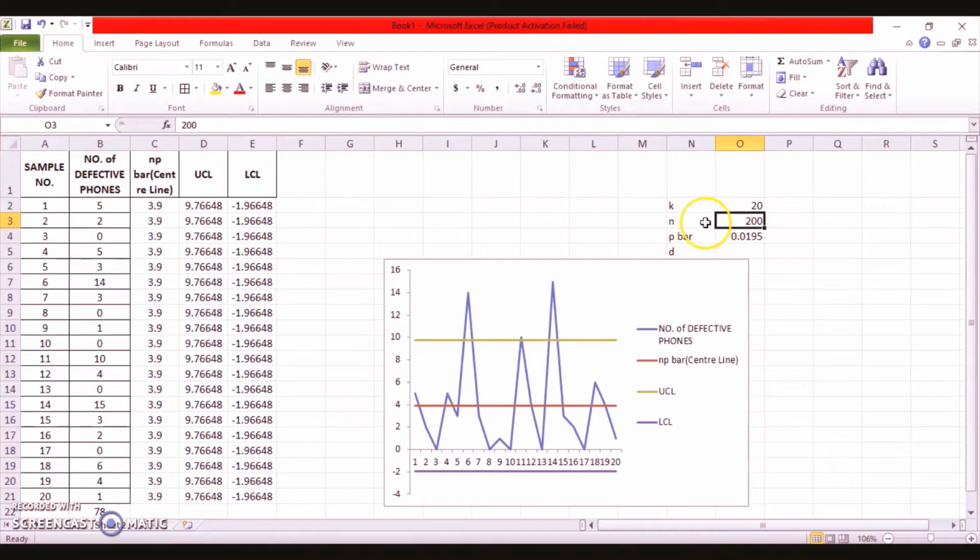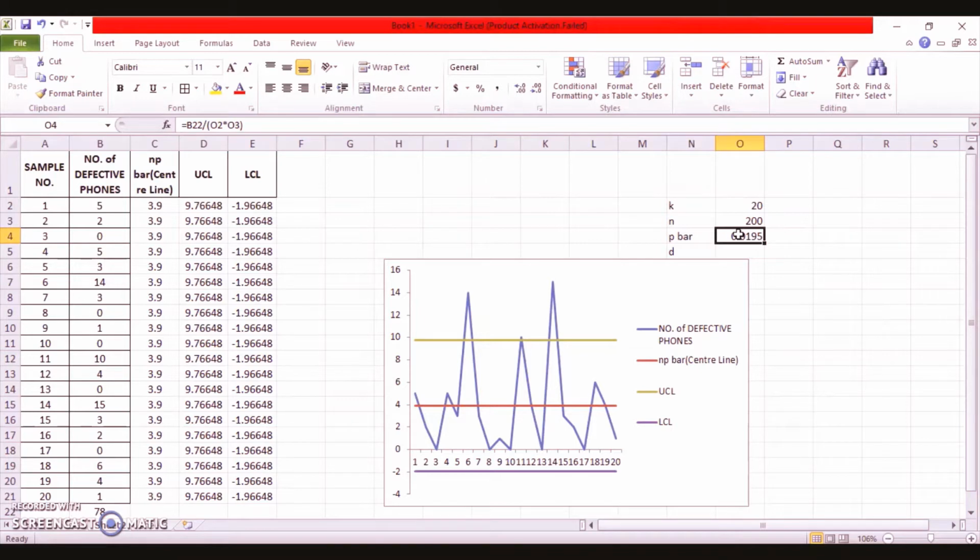And based on these two values and based on the sum of the number of defective phones as have been given here, first step what we did, we tried to find out the sum. The sum value is used here to find out the p bar value, which is basically the ratio of the total number of defective items divided by the total sample.